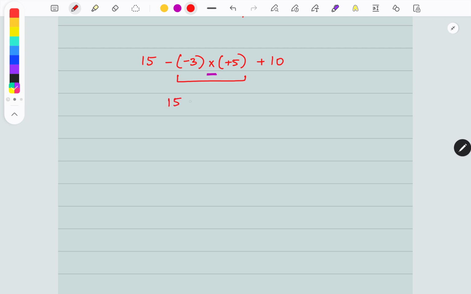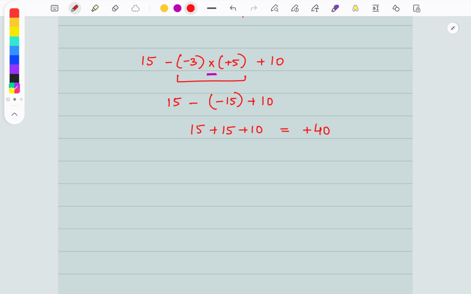So we get 15 minus 15 plus 10. When we open the bracket, what do we get? 15 plus 15 plus 10, which is equal to plus 40. So following the BODMAS rule, we are able to solve them in the correct manner.